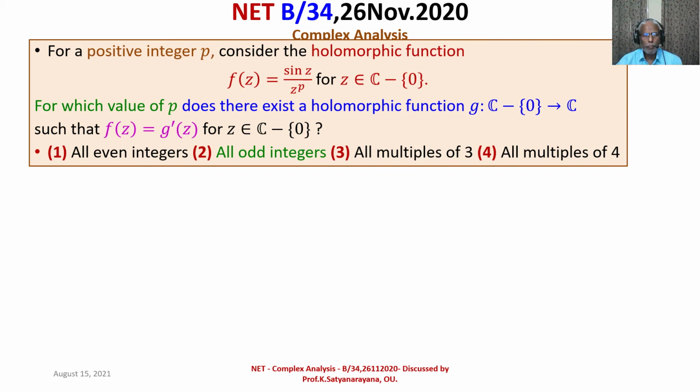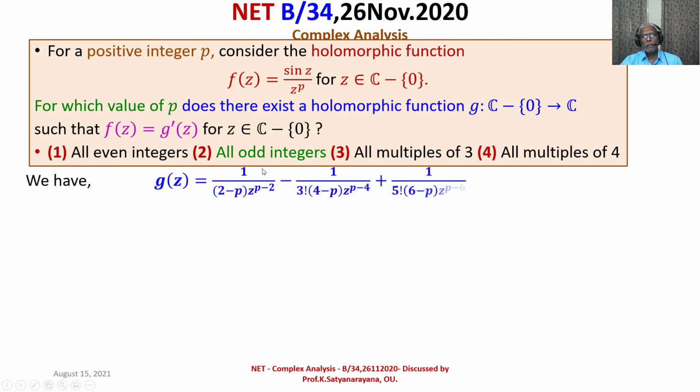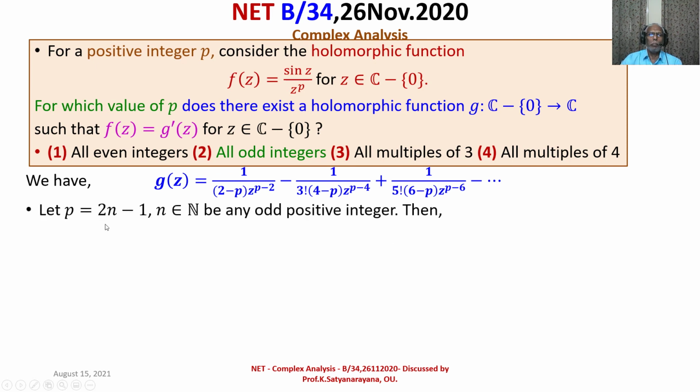That's the problem and the options. We have g(z) is 1/(2-p) z^(p-2) minus so on and so forth. Let p be an odd integer. p is equal to 2n-1, n belongs to N, be any odd integer.